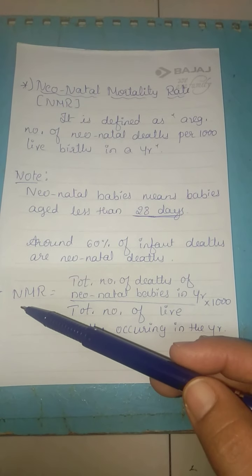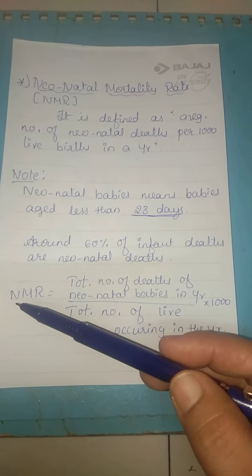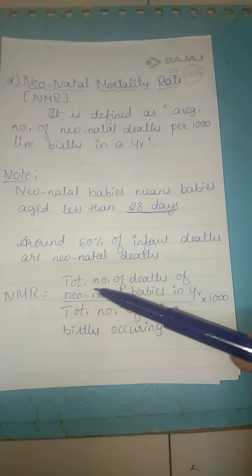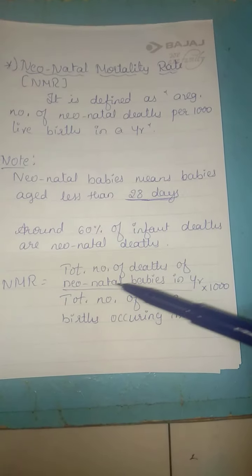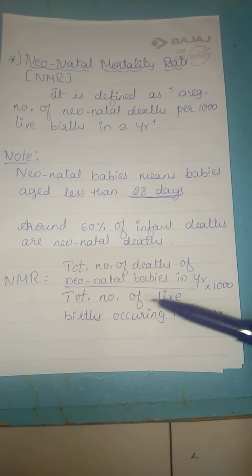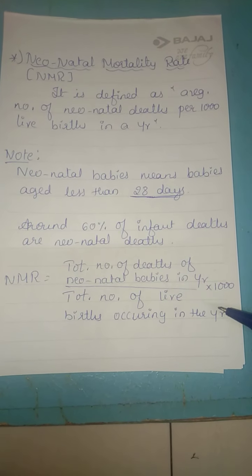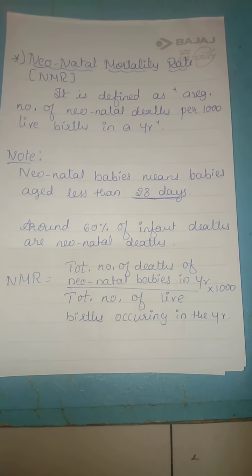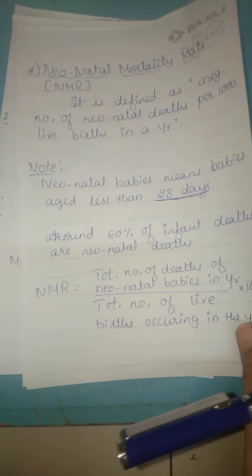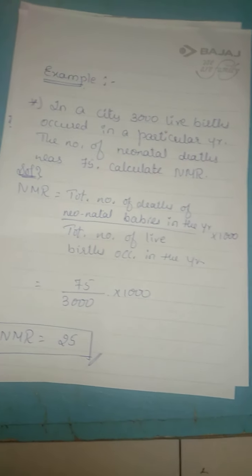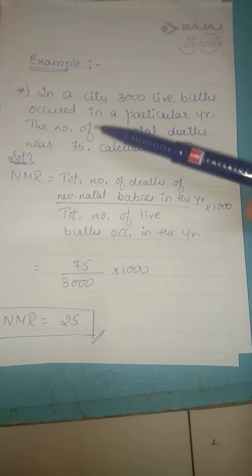Next, the formula is given by NMR is equal to the total number of deaths of neonatal babies in a year by the total number of live births occurring in the year, into 1000. Here is an example.